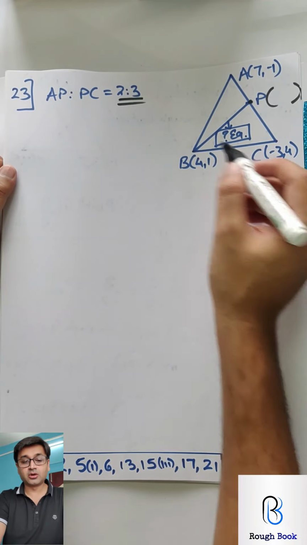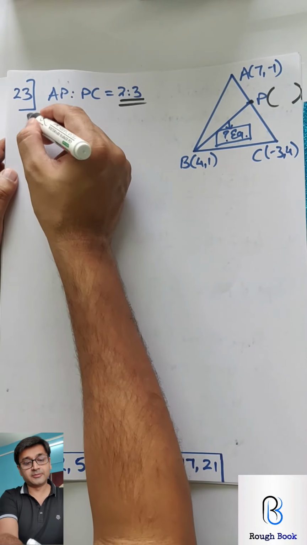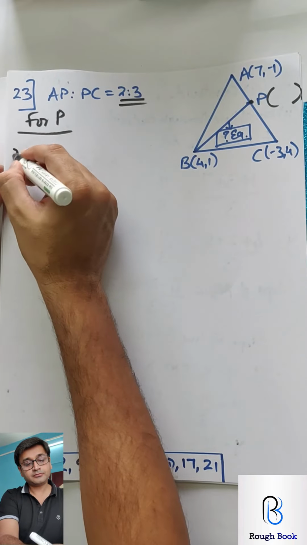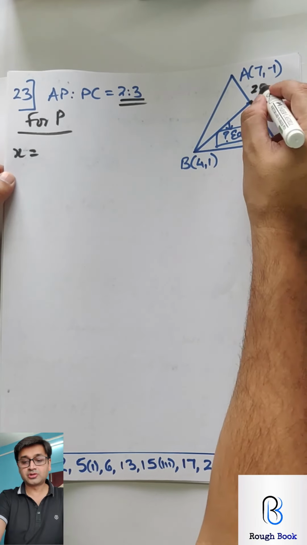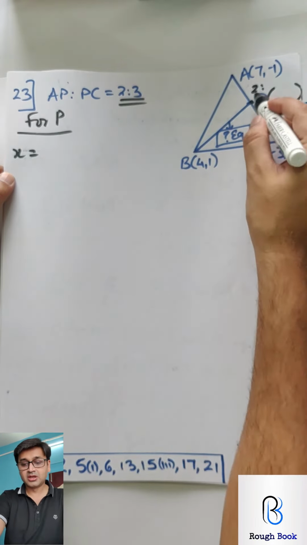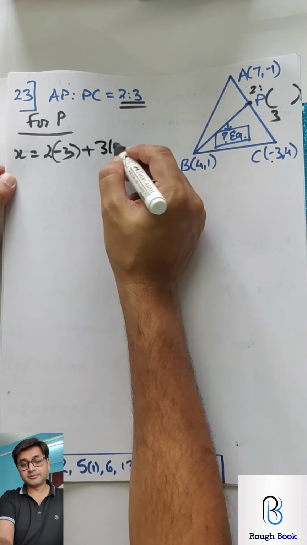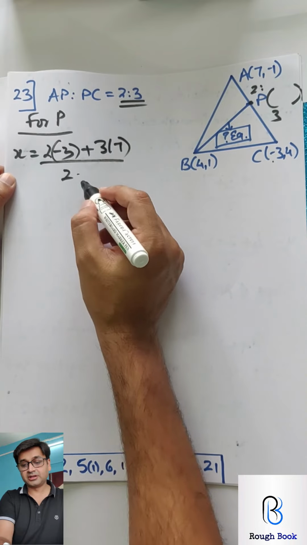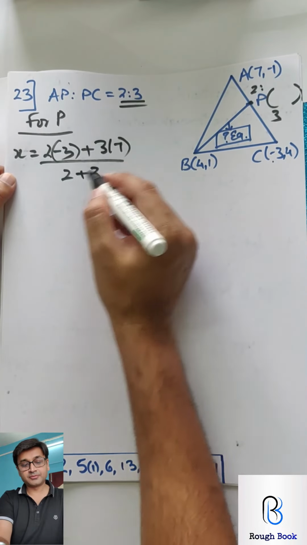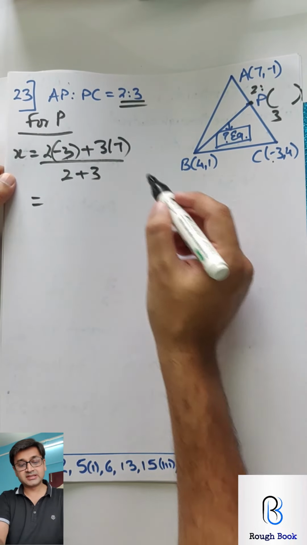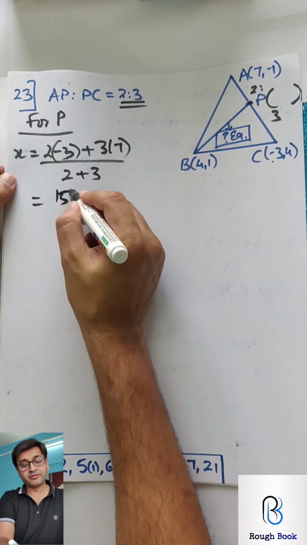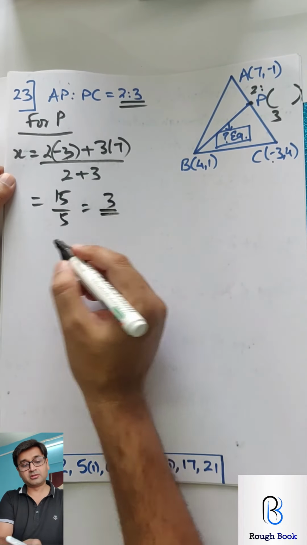So how will I get the coordinates of P? Obviously the section formula. For P, x is with the ratio 2:3. You remember that cross thing. So 2 into minus 3 plus 3 into 7 upon 2 plus 3. Minus 6 plus 21 gives me 15 by 5, that is 3.